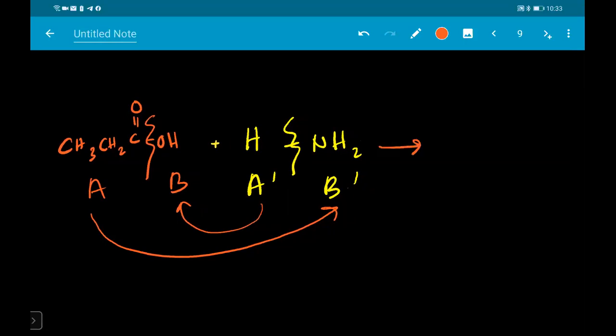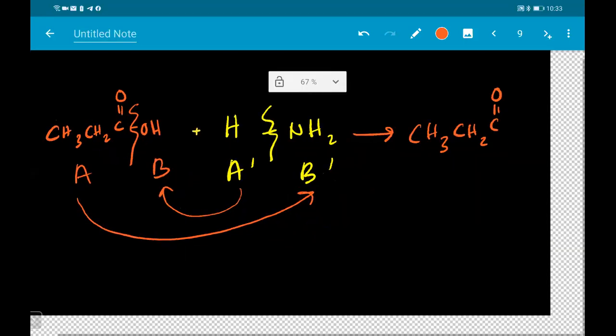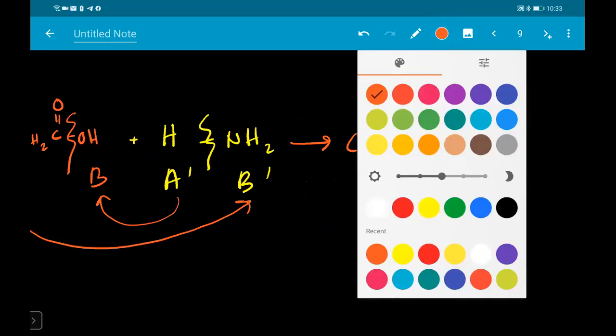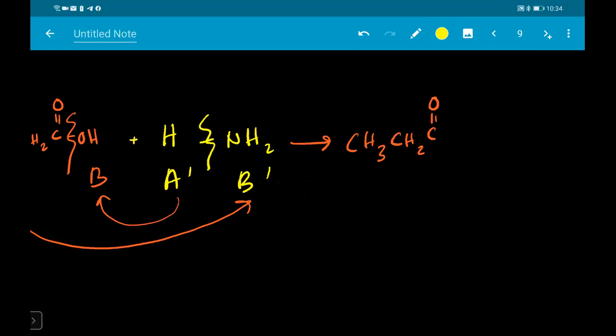So what's going to happen is we'll have CH3, CH2, C double bond O attached to B prime, which is NH2.